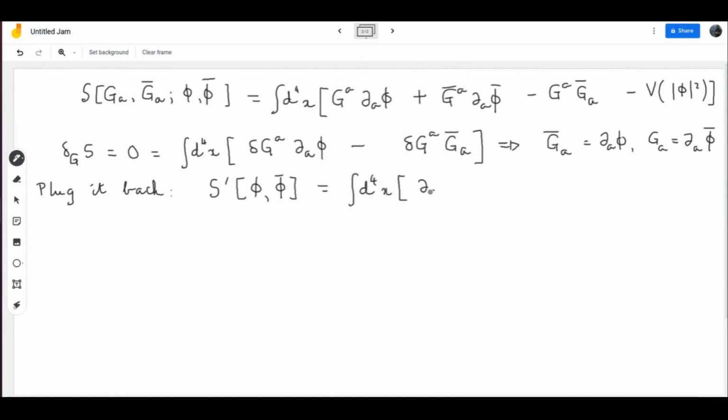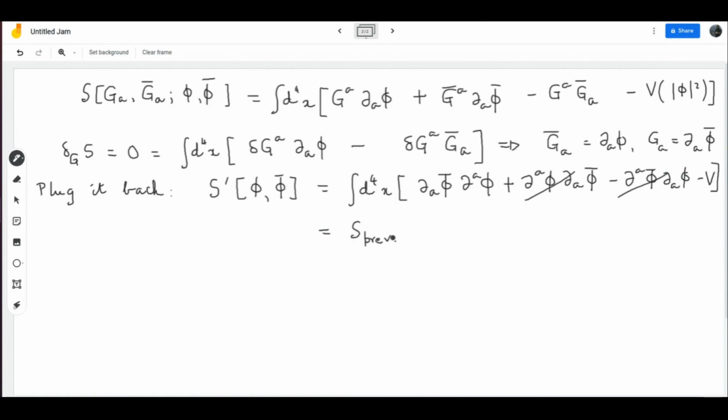So we get del a phi bar del a phi plus del a phi bar del a phi minus del a phi bar del a phi minus V. And now we can see that, lo and behold, it's exactly as previous.